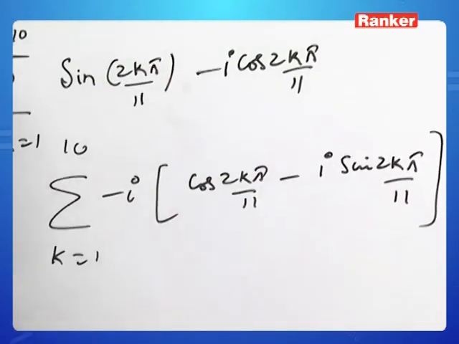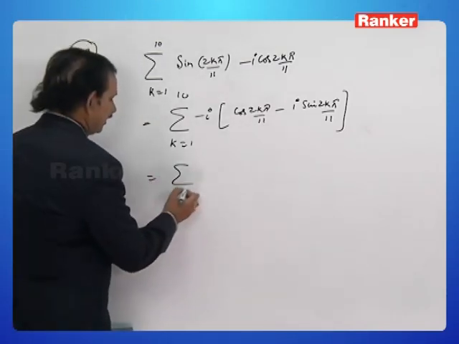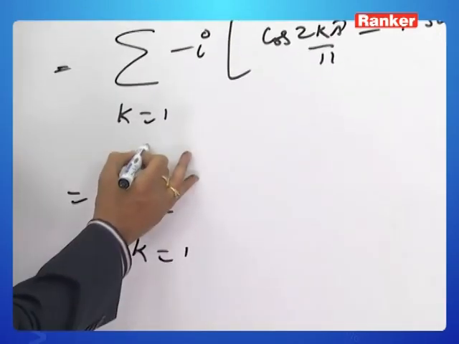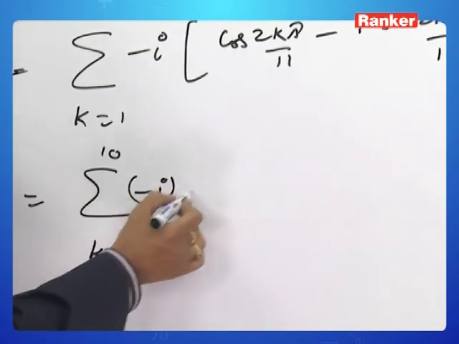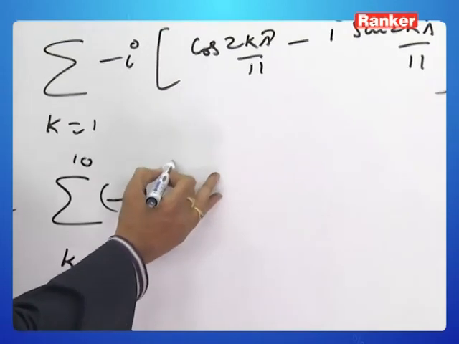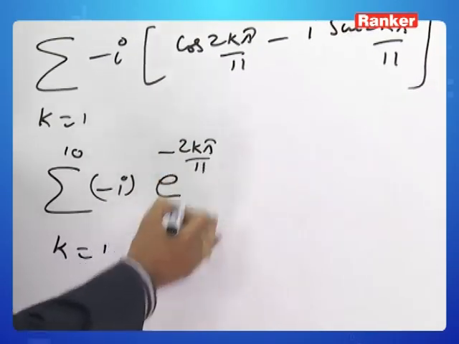This is okay. So this is equal to sigma k equal to 1 to 10 of minus i into e power minus 2k pi i by 11, isn't it?